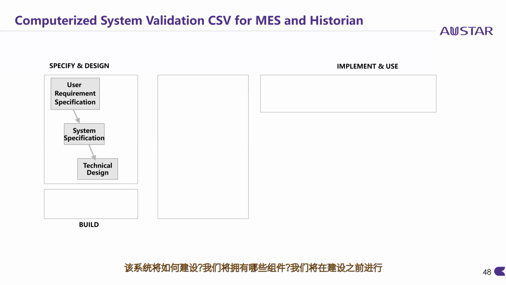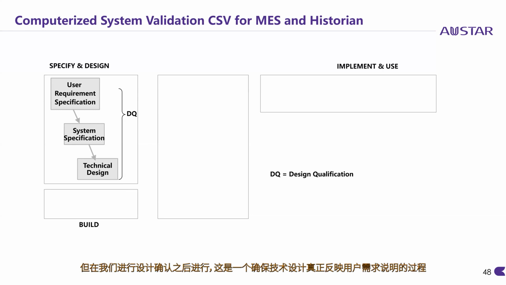How will the system be built? What components will we have? We will go into build, but not before we have done design qualification, which is a process of making sure that the technical design actually reflects the user requirement specification.